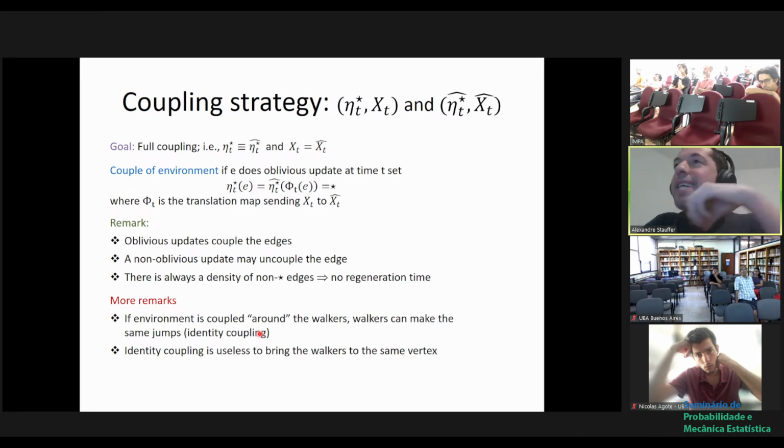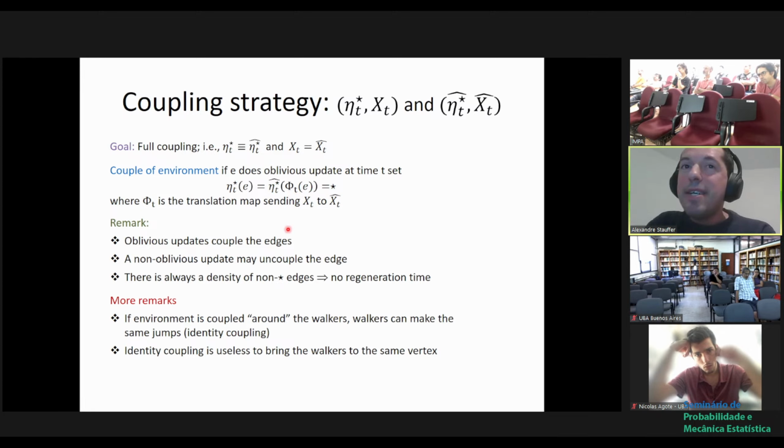I call this identity coupling. So it's a second Walker copying what the first Walker is doing. This has one advantage because it doesn't change our map phi_t. It keeps the distance between the Walkers the same. So it helps coupling the environments.